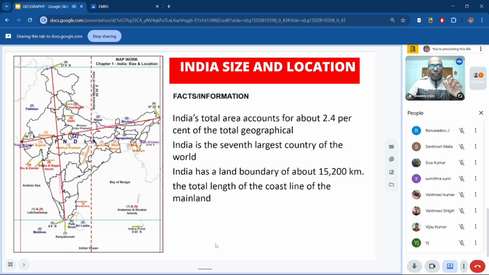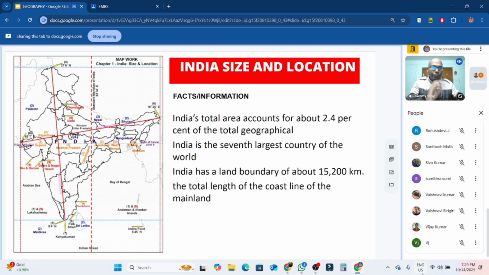Those who want to write down the facts, please write down. So India stands in the 7th place in the size of the country, and the land boundary is 15,200 kilometers.